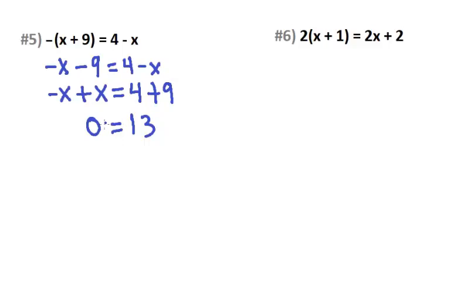I know that I didn't get 0 equals 0. I didn't get an answer for x. I got something that is nonsense. Obviously, 0 is not equal to 13, right? I know that thing is not true. So what I'm going to put is no solution. I know that this exercise has no solution.